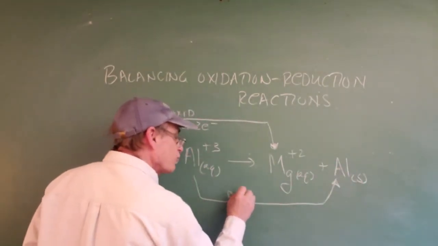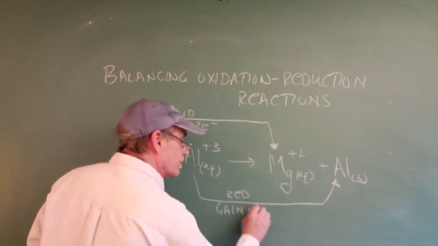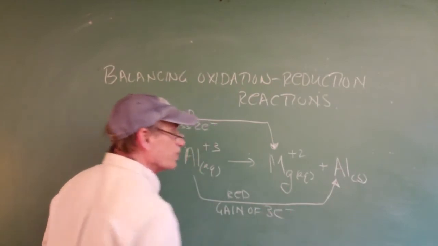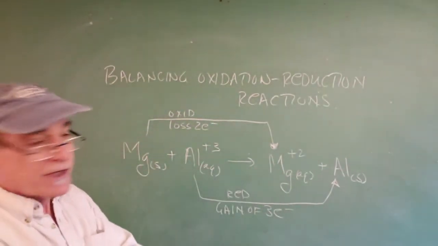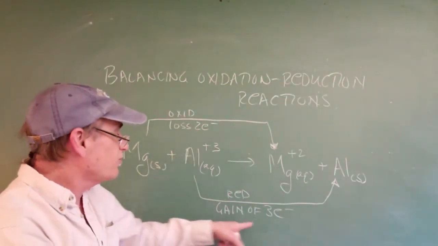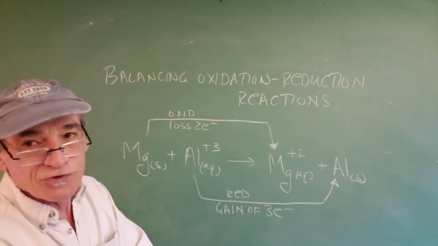In that case, this reduction had to represent a gain of 3 electrons. Well, there's where the rub comes in. Even though this is balanced by head count, the total number of electrons lost, 2 by the magnesium, are not balanced by the gain by the aluminum. Well, you see where this is going.